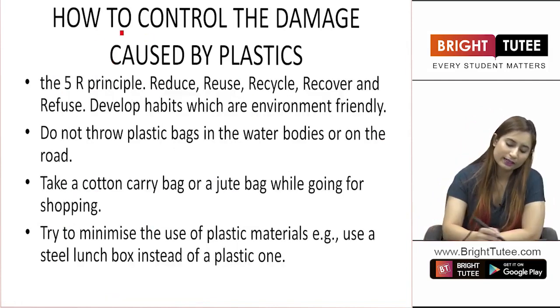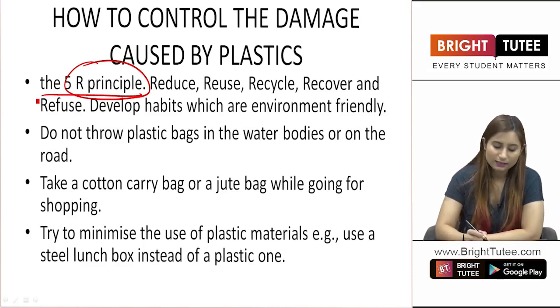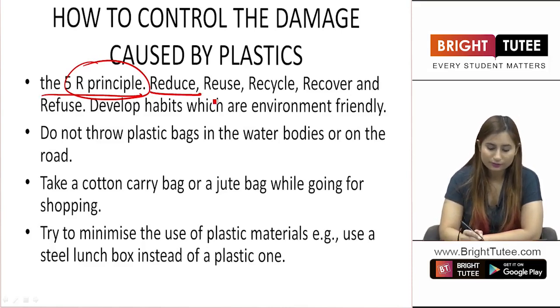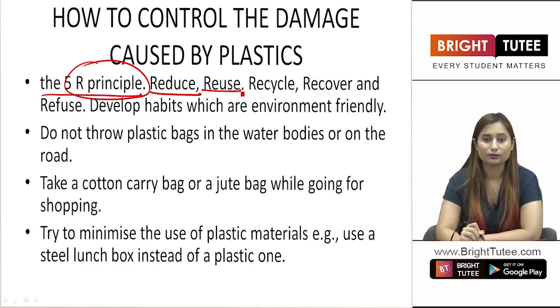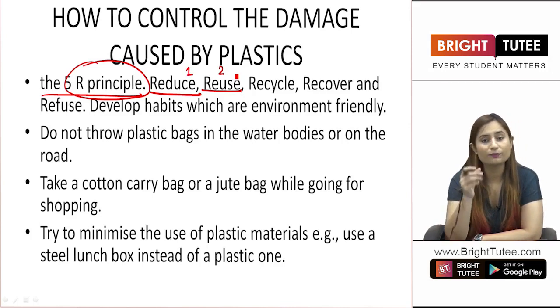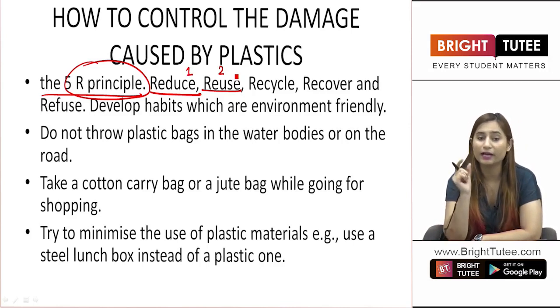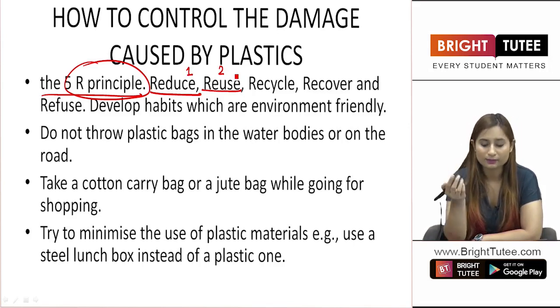Now, another thing that we have to learn is the 5R principle. What are the 5 R's? The first one is reduce. First of all, we have to reduce the usage of plastic. Then reuse. Second R. First one is reduce. Second one is reuse, which means that once you have bought a plastic article, you must use it again and again. Instead of buying a new article, use the same article more and more times.